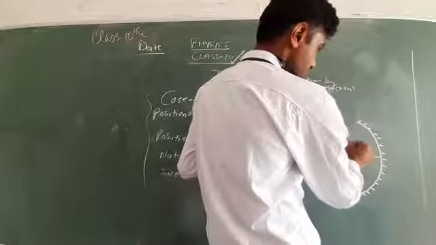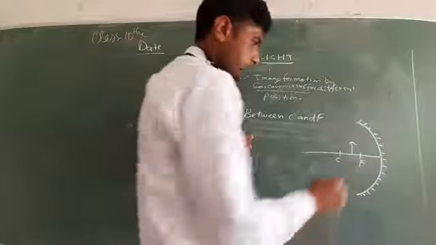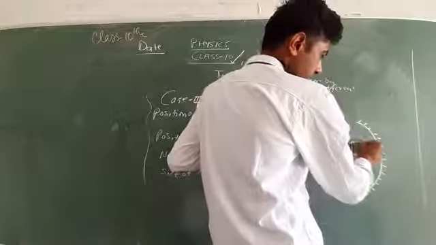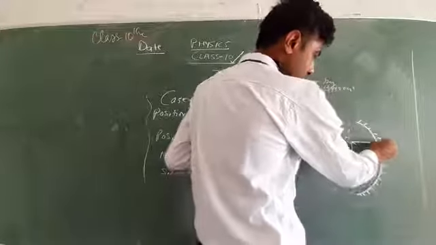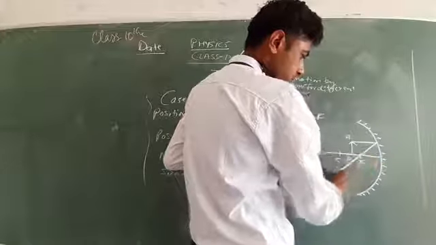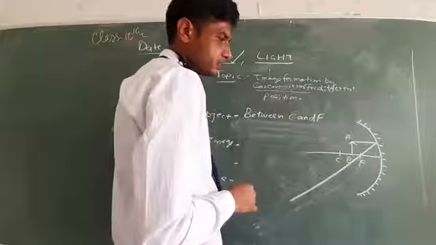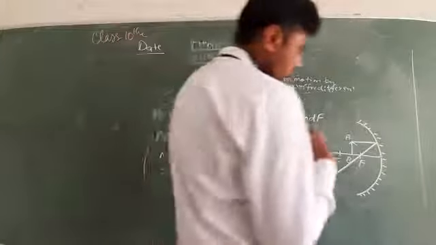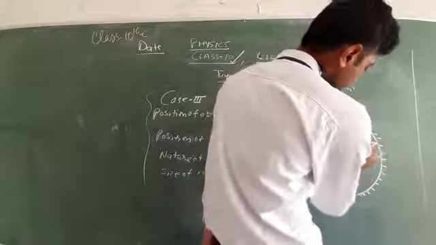Object AB. A ray starts from the top. After reflection it passes through the focus. Clear? Or you can take another ray.